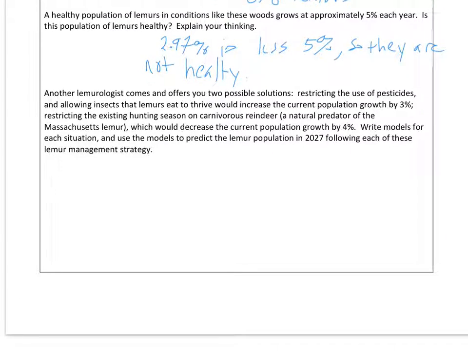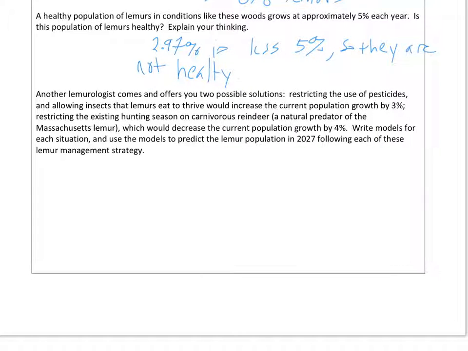Another lemurologist comes and offers you two possible solutions. The first is restricting the use of pesticides, and that would increase the current population growth by 3%. So I'm going to call this pesticides.